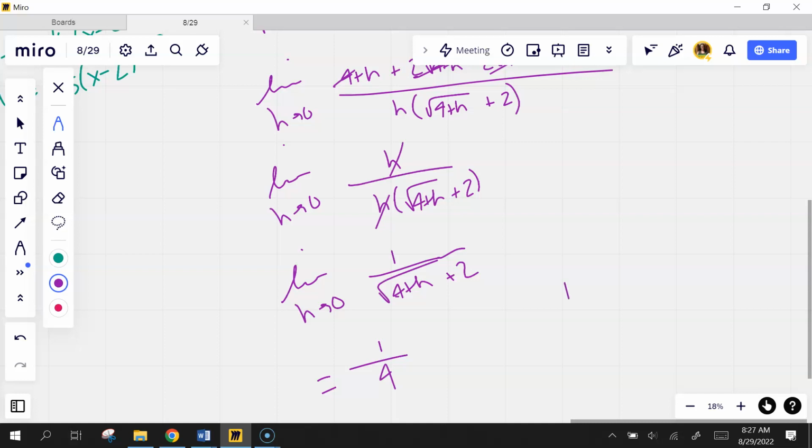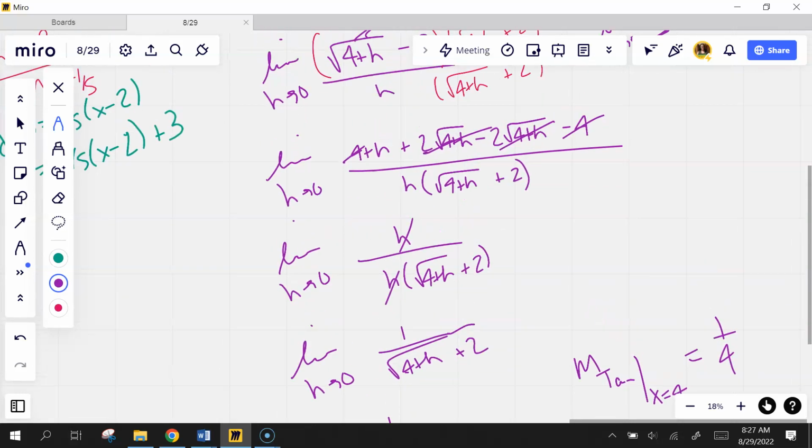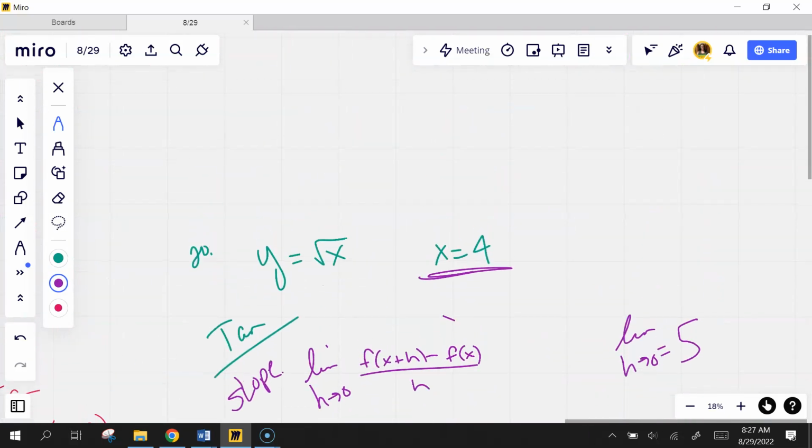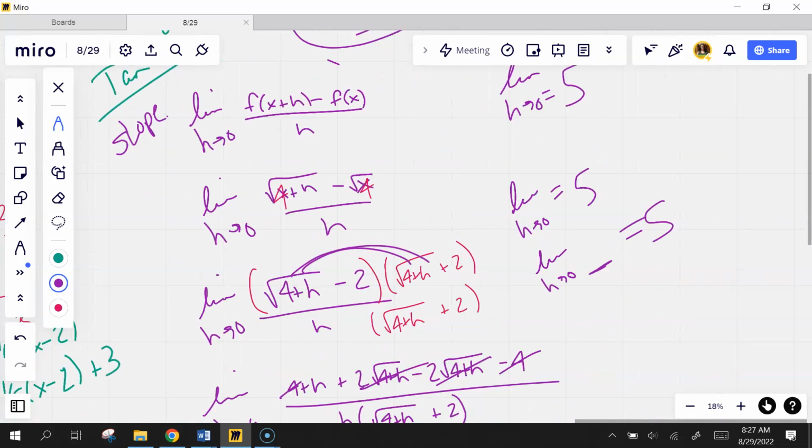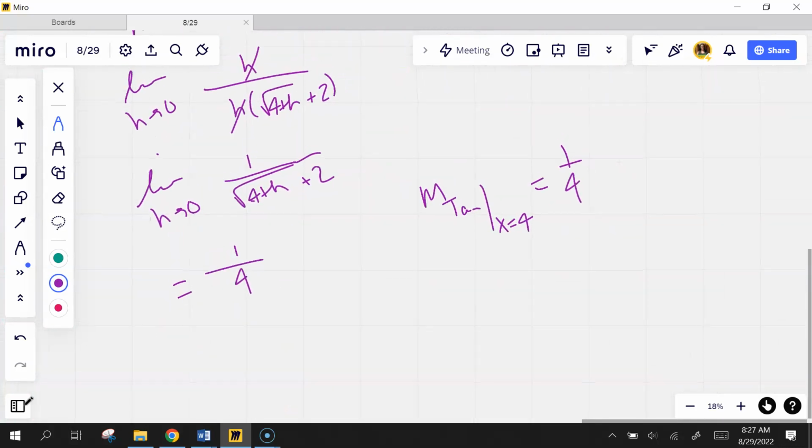So now I have the slope of the tan line when x equals, what was it, 4, is 1/4. I also need a point. I need the x to be 4, so what is y of 4? So that's the point 2, 4. Oh, sorry, 4, 2.